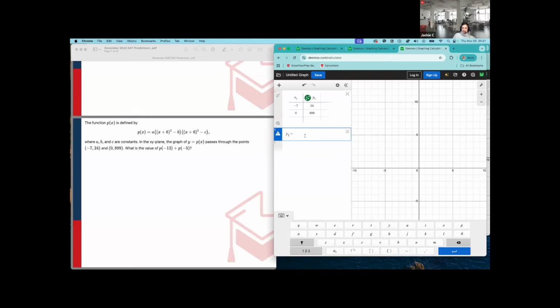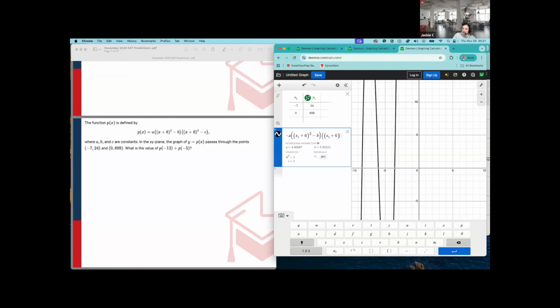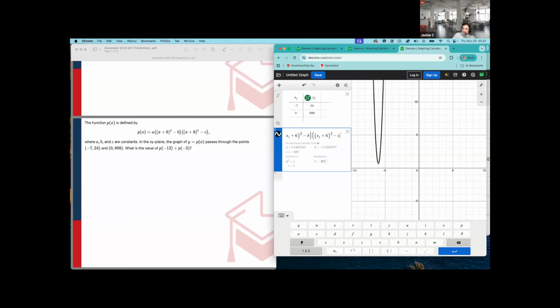So we have y1 tilde, and then we have a, and then we have x1 plus 6, and that's squared, and then that's going to be minus b. And then I'm going to type in x1 again, and then plus 6, and then squared, and then minus c.